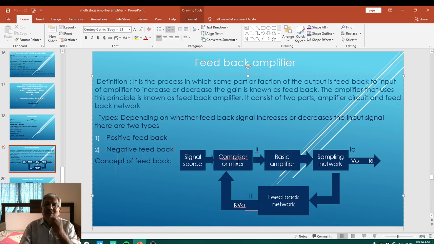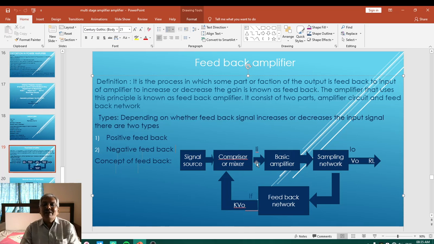If you look at the block diagram, we can say it consists of 5 blocks. First is a signal source, which is represented here. The output of the signal source is given to the comparator, or we can call it a mixer.